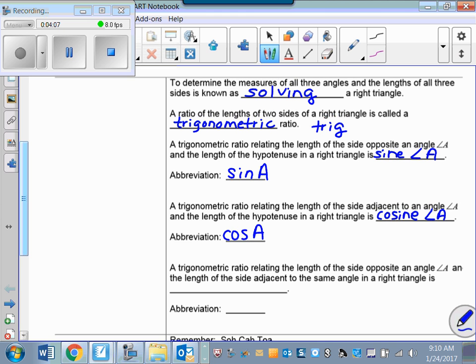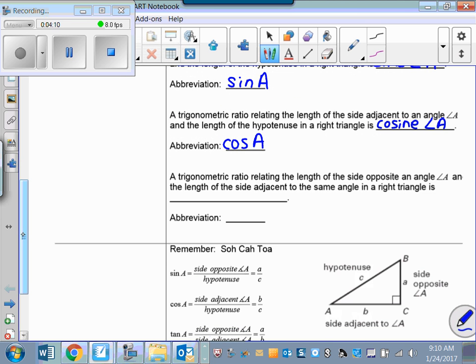So sine A and cosine A. And then finally, when we relate the side opposite angle A to the side adjacent to angle A, that's the tangent of angle A. And of course, we abbreviate that tan A, tangent A.